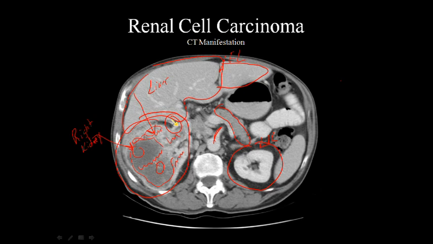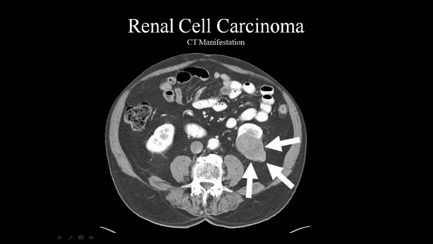And so based on this, we can presume that we're probably around the level of T12, and the mass has enlarged the kidney to such a great extent that it has modified how the liver is sitting inside of the abdomen, and because of that, the mass has enlarged itself, and we have a weird border here. And pretty much everything is just classic for renal cell carcinoma. The good news is that it doesn't look like the left kidney has any abnormalities, and for this patient, that is a very good thing.